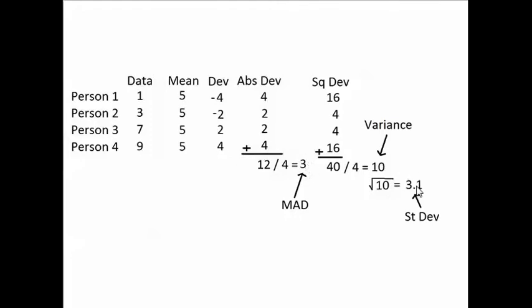The standard deviation is also easy to interpret because it comes out to a number close to the MAD, so the standard deviation is pretty much the same thing as the MAD. The variance has the disadvantage of being more difficult to interpret. When you see a variance, it's not really clear what it's telling you about the data.